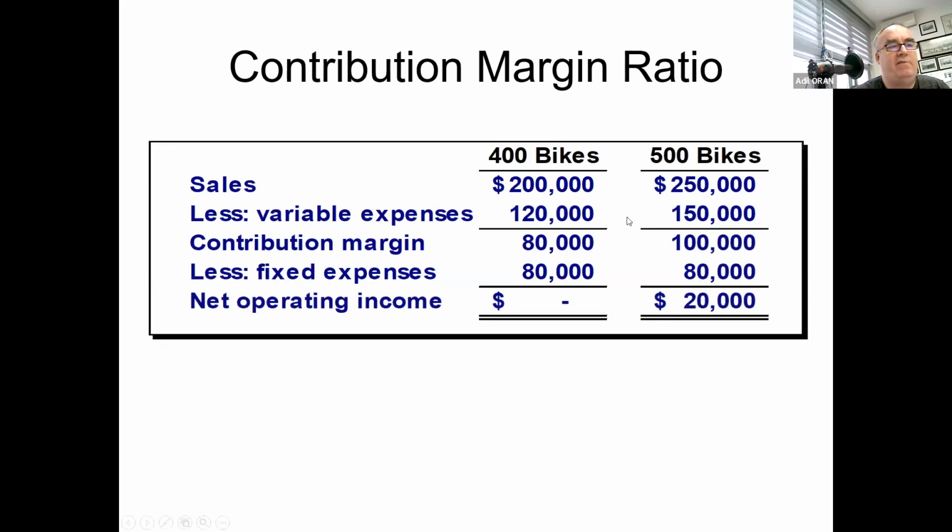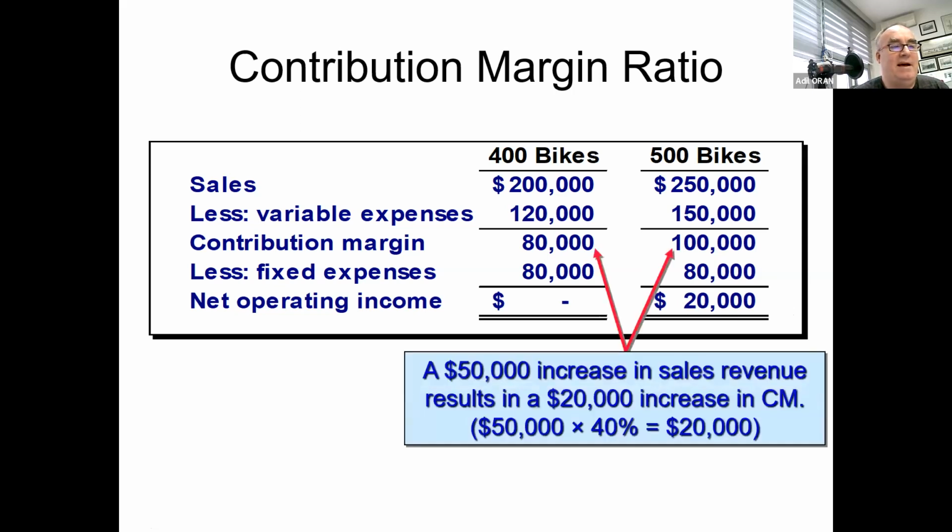So going from 400 to 500 bikes, that is $50,000 extra in sales. 40% of that will be in contribution margin. And that means that your net operating income will also be increasing by that amount because fixed costs, as we know, are remaining fixed. So a 50,000 increase in sales increases contribution margin and operating income by 40% of the increase in sales, 20,000.